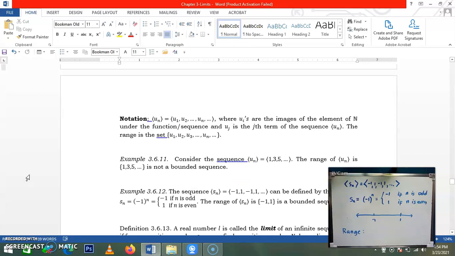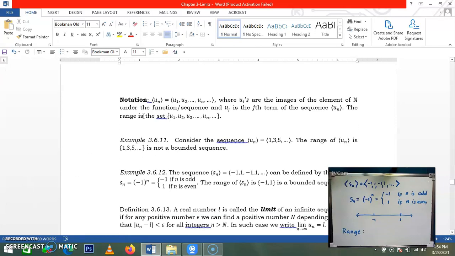By the way, let's have first the notation. For our notation of the sequence as a function, we use this notation where u sub i's are the images of the elements of the natural numbers under the function, or sequence, and then u sub j here is the jth term of the sequence.